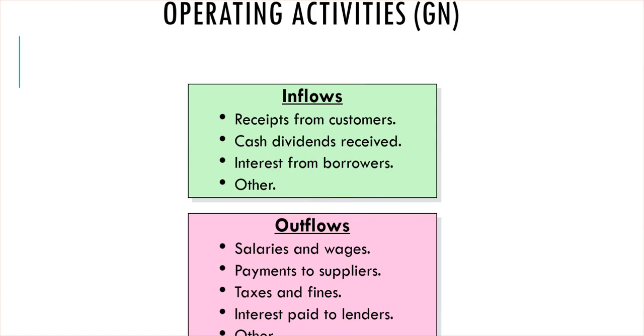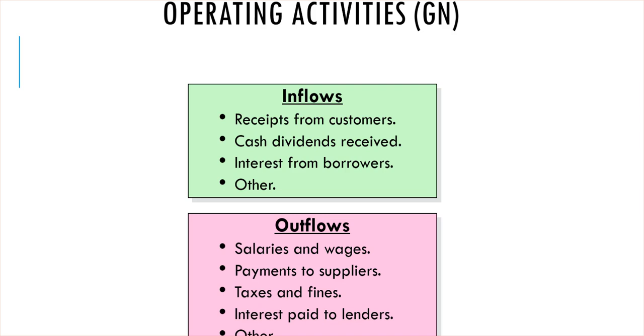This is from the Garrison Noreen book. Operating activities under the direct method are receipts from customers, the cash dividends. This is on your investments. So we're talking about the inflows that are coming in, and you would think of these as cash revenue, and the outflows would be cash expenses.